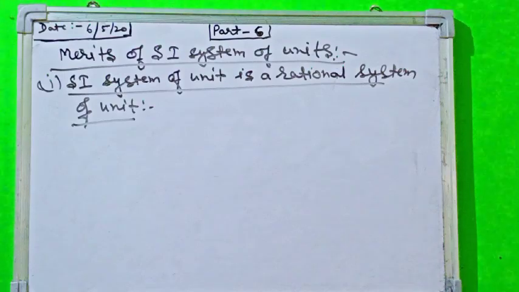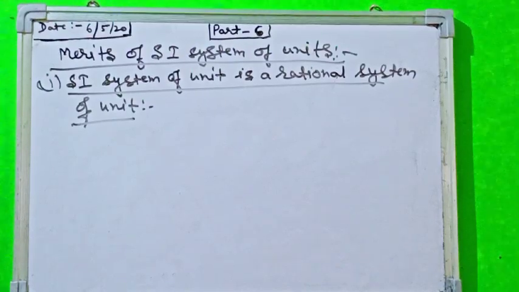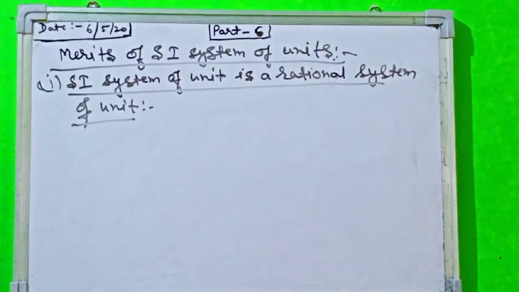Suppose we have told you that the unit of energy is joule, then whatever energy you are talking about, either electrical energy or mechanical energy or any type of energy, light energy, wind energy, all the energy has the similar SI unit.